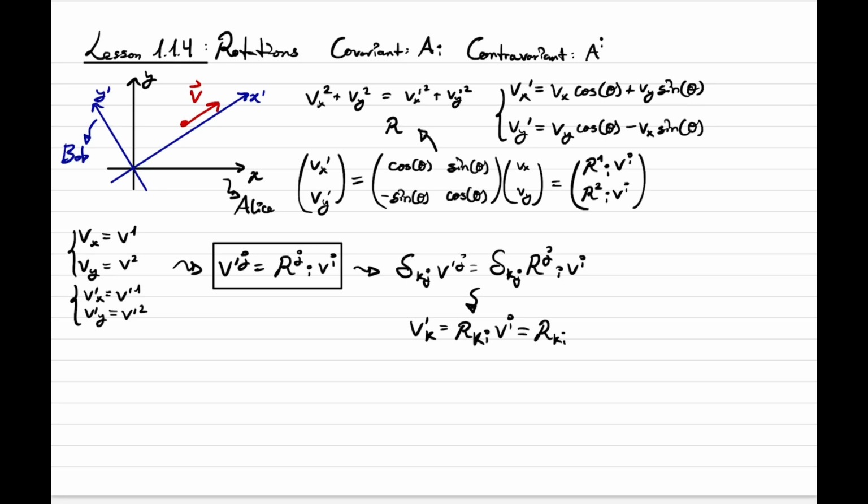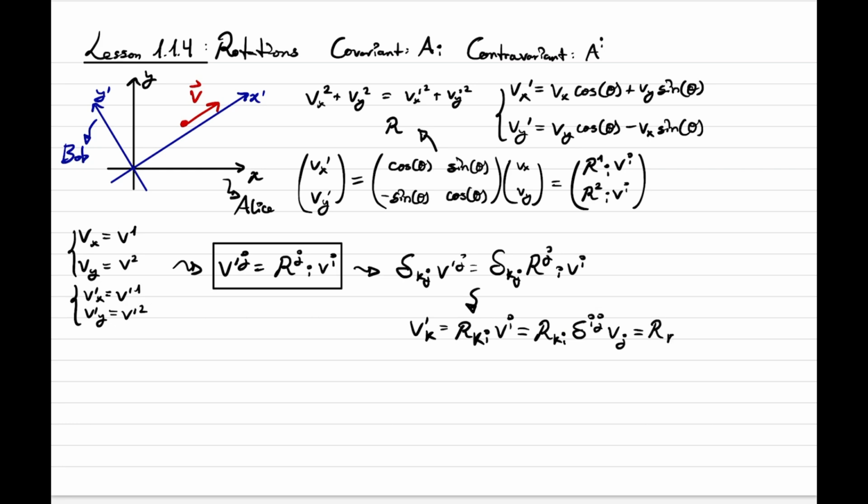So we are going to use again the Kronecker delta, and you can check that this is indeed V^i because it collapses the repeated index j and places the upper i. And now we can apply the Kronecker delta to the R matrix.